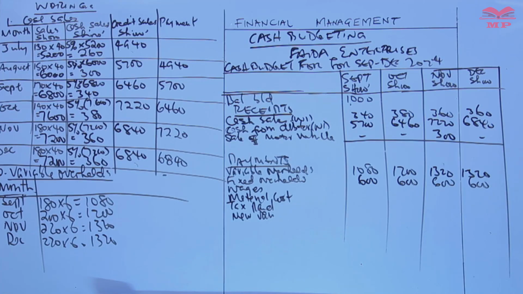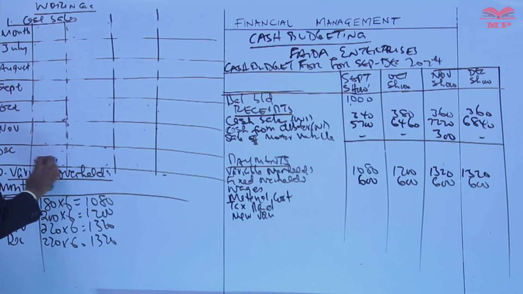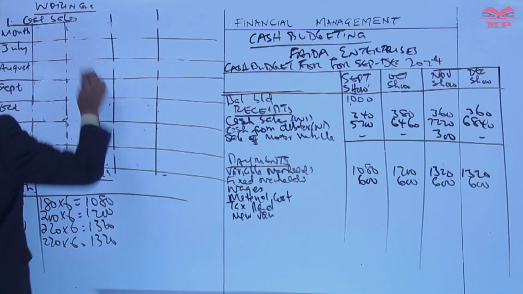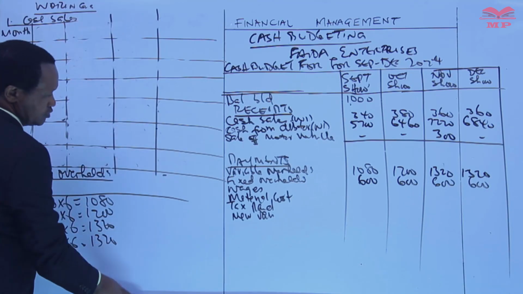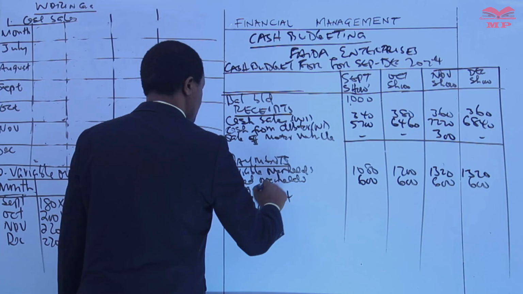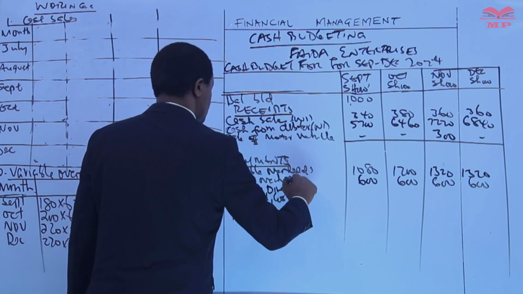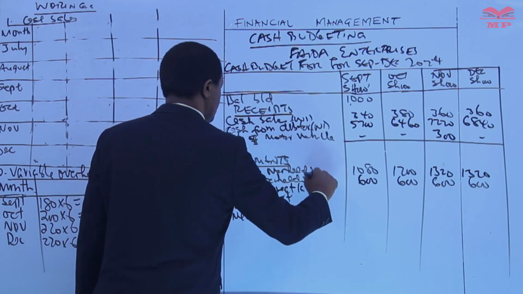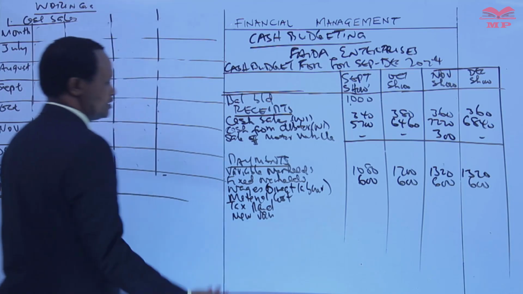And direct labor cost is 10 shillings per unit. So, wages, this is the direct labor. Just to clarify, that's the direct labor.